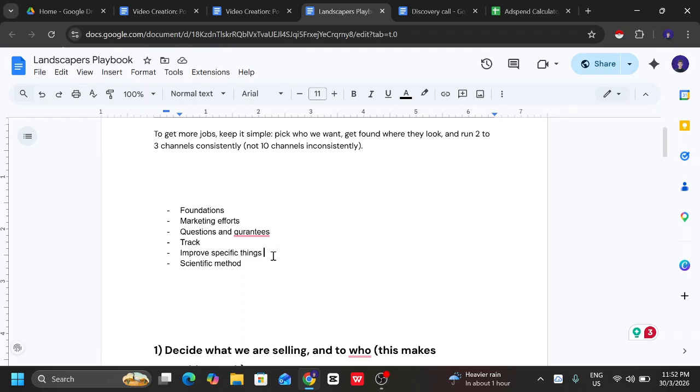We need to improve specific things. Let's say your lead to estimate ratio is less than 50%, or let's say it's 50% and you want to improve it. What you could do is test the discovery call, and test the discovery call only. You need to use the scientific method.